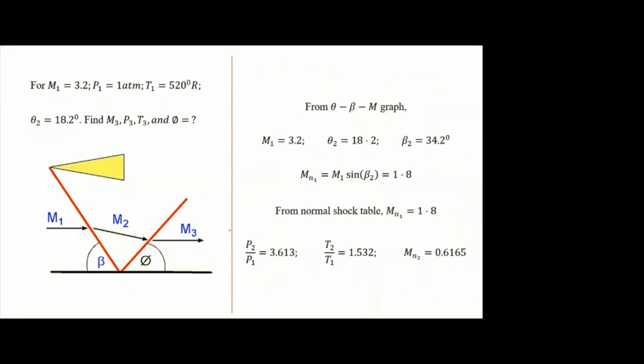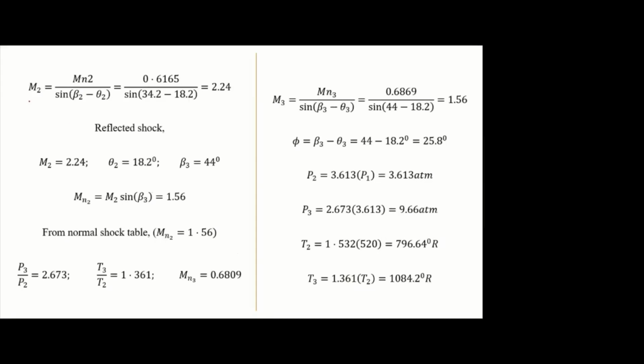So from M1 they found Mn1, then Mn2 and these ratios. Then from M2 they are going for the reflected shock. Again from M2 they are proceeding: M2, T2, M2, theta 2, beta they are finding. Then separate Mn2 for this shock.